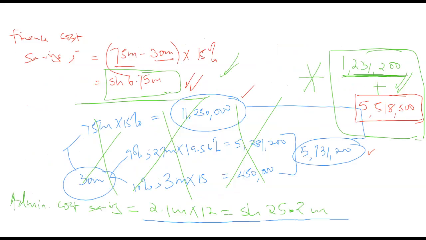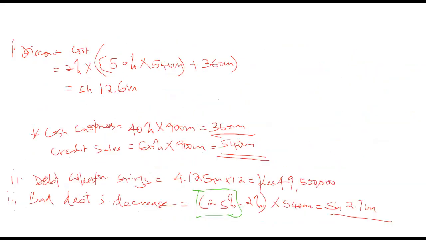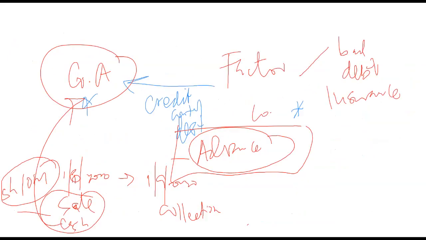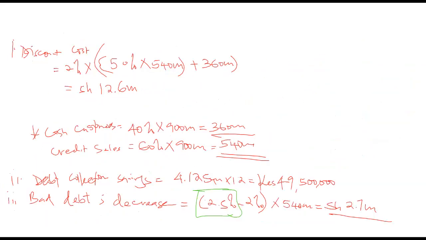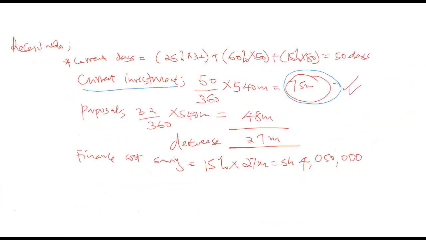Would you repeat how we got this 75 million under the finance cost saving? Let me take you back. We carried it forward from the previous question, strategy A. It is the current investment in accounts receivable: 50 days times 540 divided by 60 times 540.